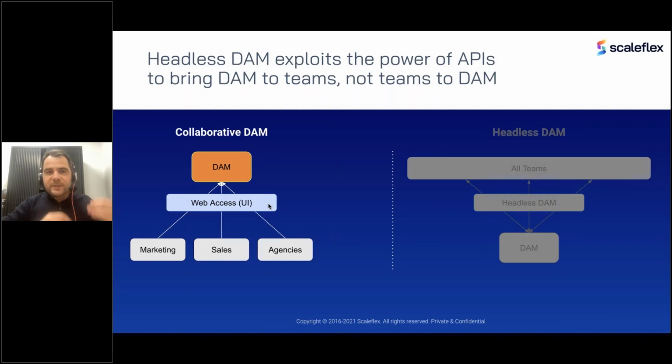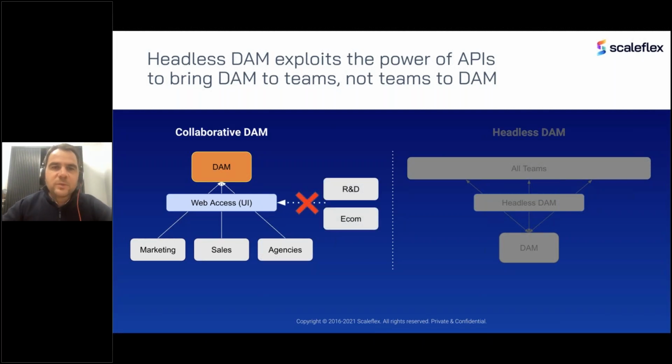So you have marketing, you have sales, you have agencies, usually externals, which will all access the DAM database or the DAM console platform, however you want to name it, in order to create some content.